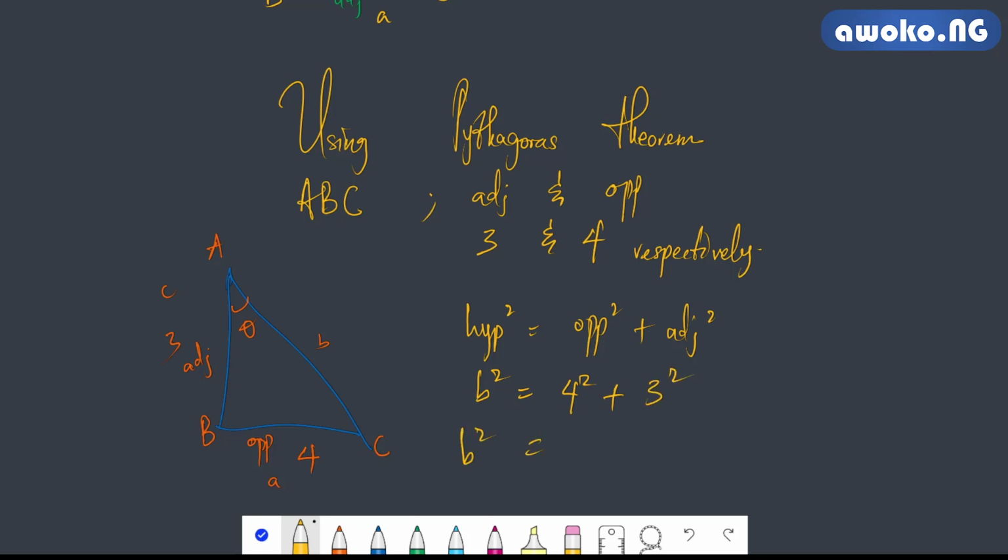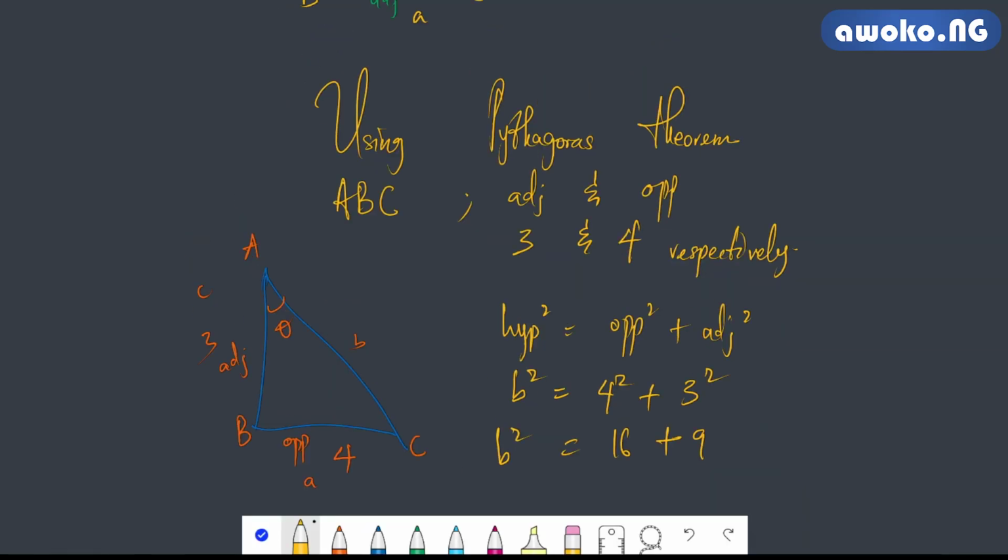So B square equals 16 plus 9. Of course, B squared equals 25. Therefore, B equals square root of 25, which is equal to 5. So the hypotenuse side is equal to 5.